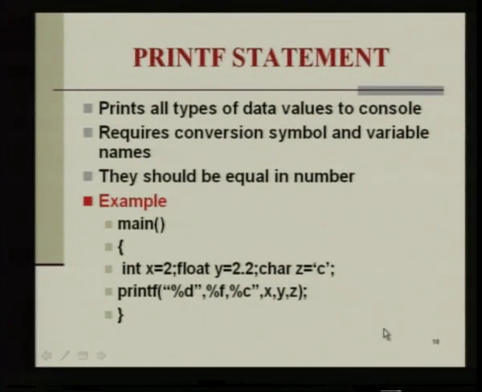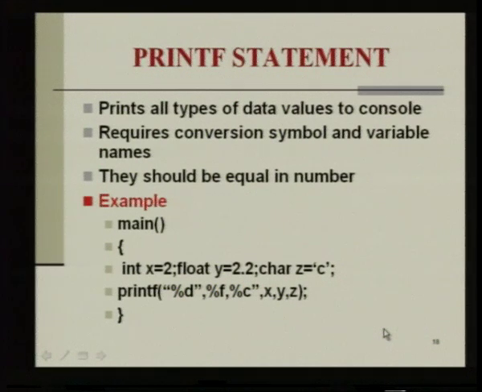This is the syntax or the rule that is to be followed while using printf statements. These are the details of the printf statements that are to be remembered when we write a program. And finally, you have to close every program with the closing brace. The number of opening braces and closing braces must be balanced. We have one opening brace, so we need to have a closing brace as well.